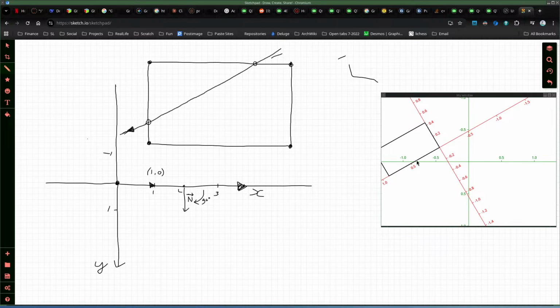Same thing here, x here, y is up. So we have to rotate clockwise 90 degrees to get the normal. So, okay, that is the direction. So our normal points in that direction. This is the normal, 90 degrees. Normal.